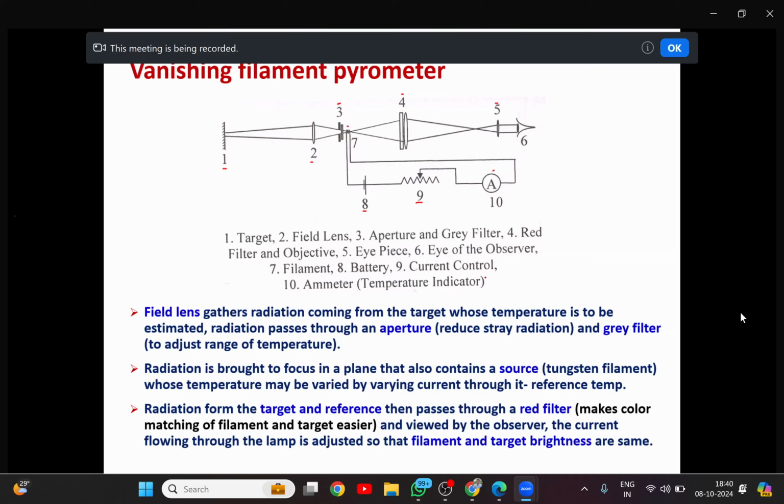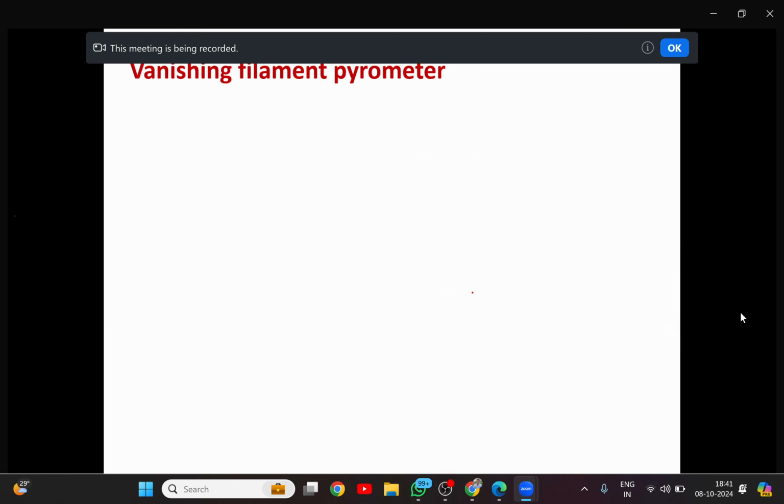And you will adjust this current until the intensity of radiation coming from the filament and the background match. And when they match, you would see that this filament will vanish from the field of view, from the background. And that is why the name is vanishing filament pyrometer.